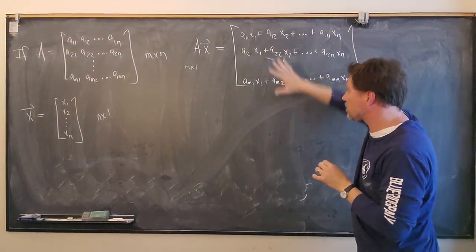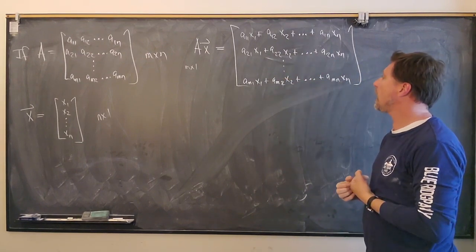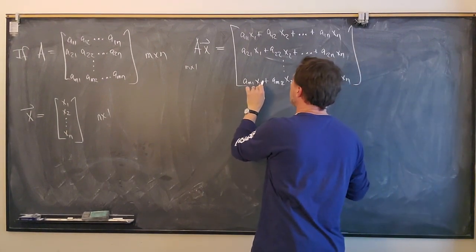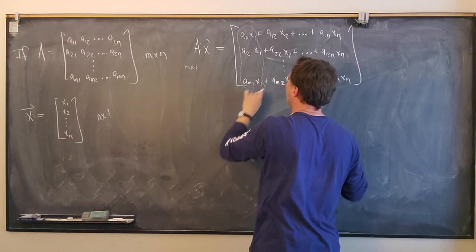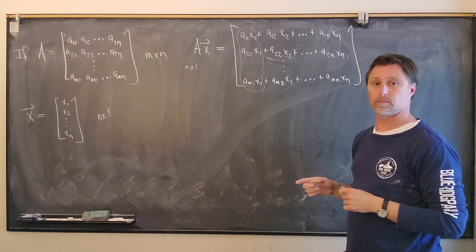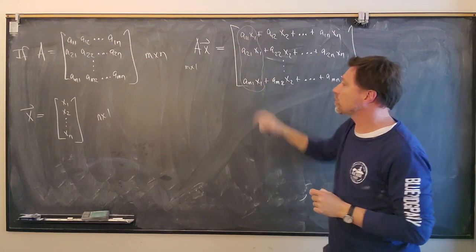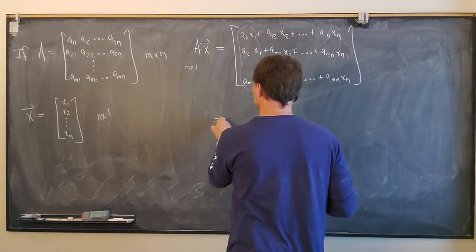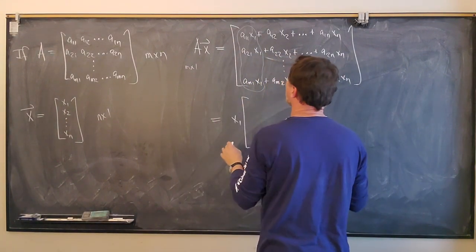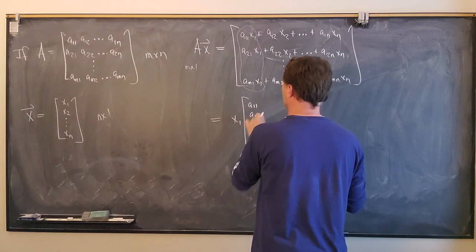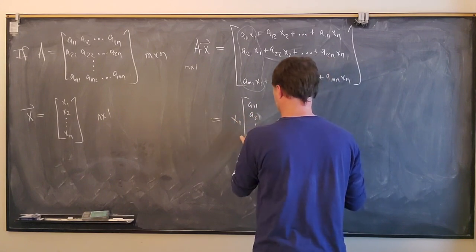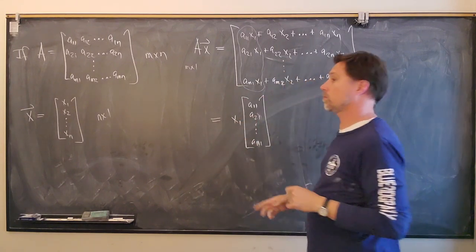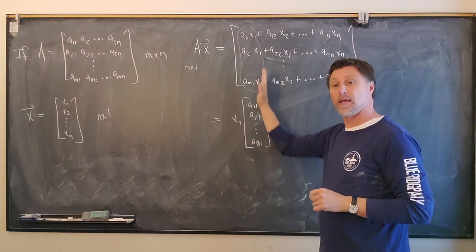Okay, now I'm not done. I want to finish this off. But here's the original computation, and here's what you want to notice. If you look right here, what you have is x1 multiplied by the entries of the first column of capital A. Scalar multiplication, x1 times the first column.